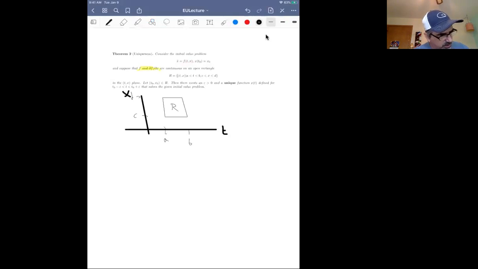And there's some initial condition that is in this rectangle. So there's some point in there that is t0 and x0. That's the coordinates of that point. And it says that we need the function f to be continuous and differentiable on that open rectangle.